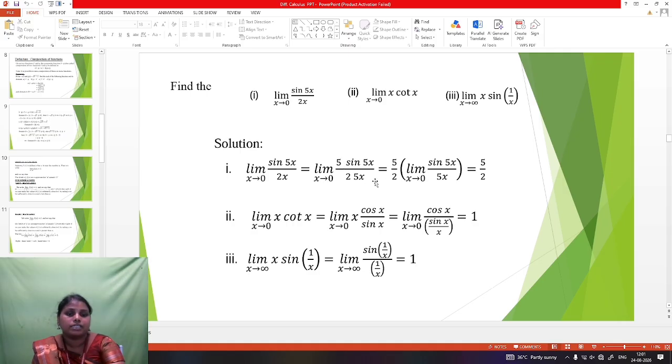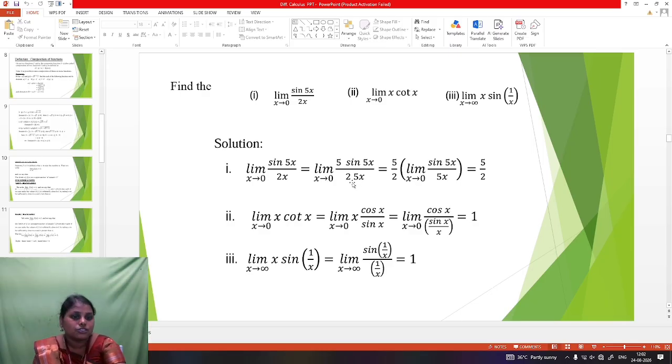Multiply and divide by 5: 5 into sin 5x divided by 2 into 5x. Here 5 by 2 is a constant value, and we need the limit as x tends to 0 of sin 5x by 5x.